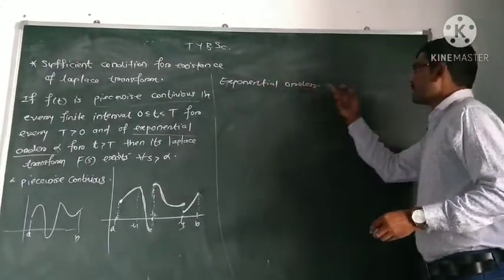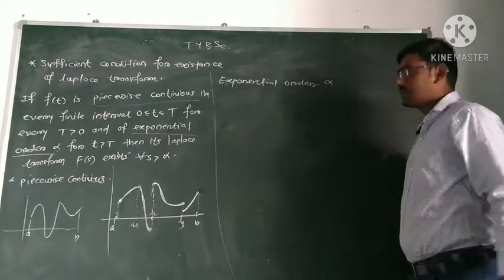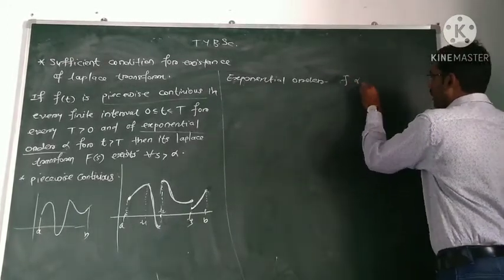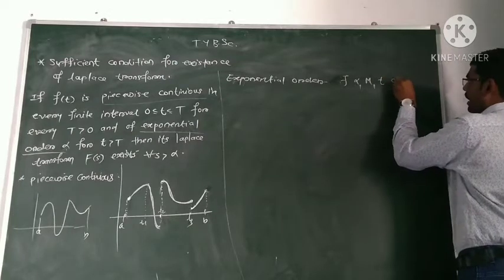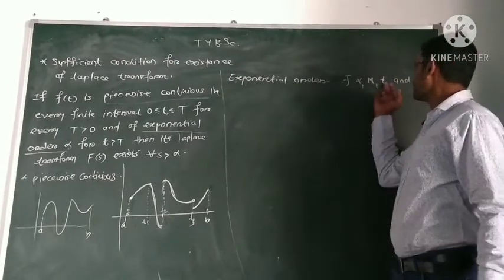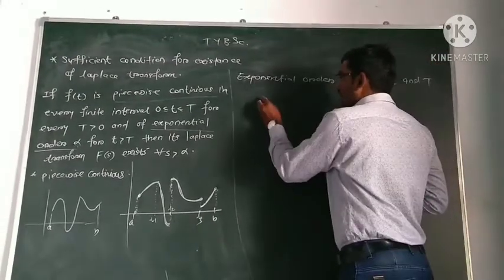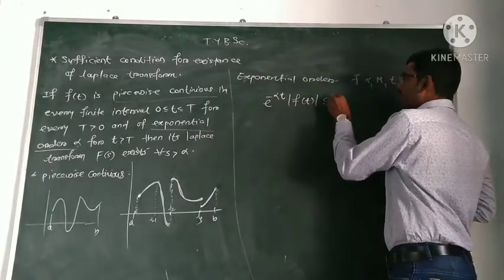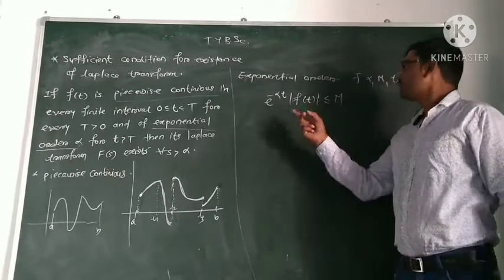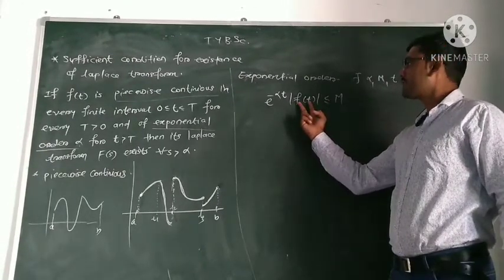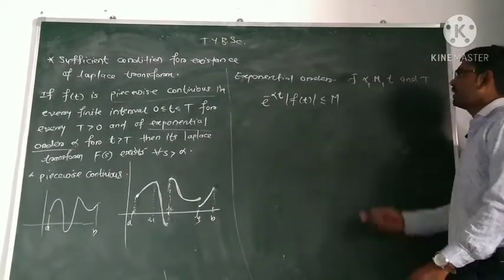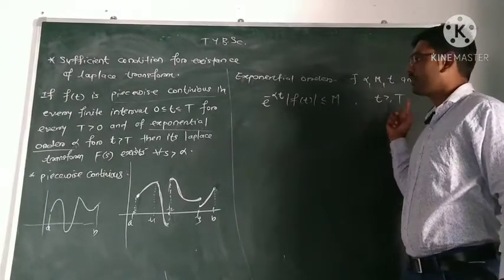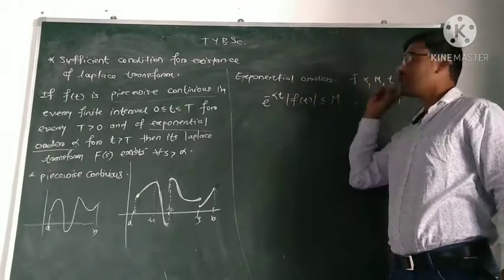A function is said to be of exponential order alpha if there exist constants alpha, M, and T, where T is greater than 0, such that e raised to power minus alpha t into mod of the function f is less than or equal to M. If this condition is satisfied, then the function f is said to be of exponential order alpha, for t greater than or equal to capital T, where T is greater than 0.